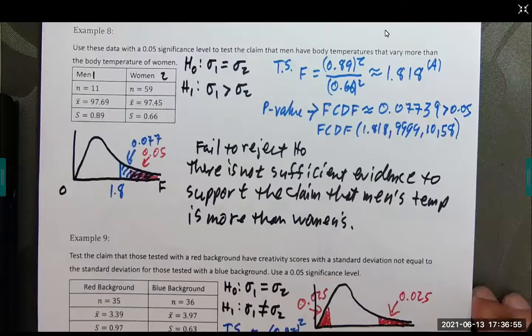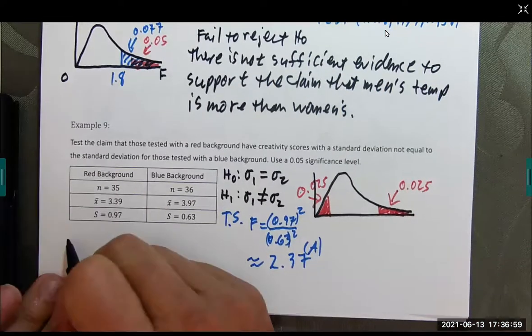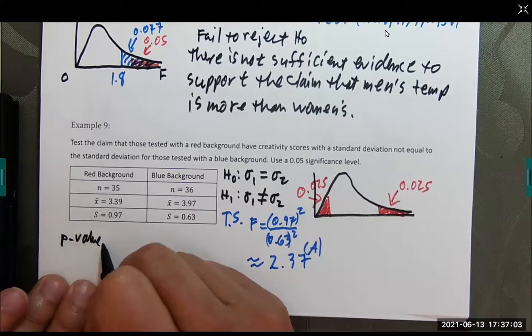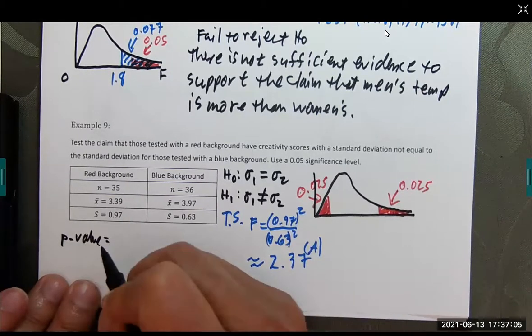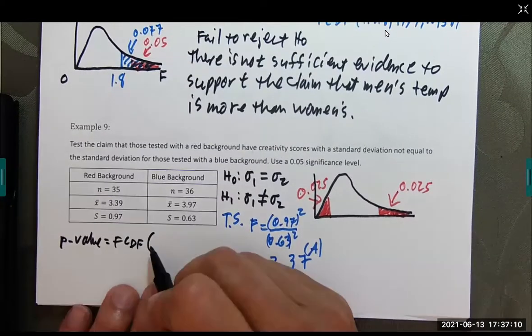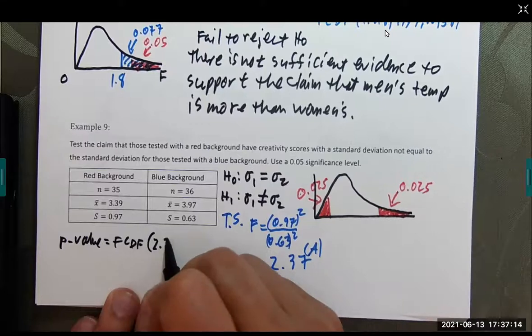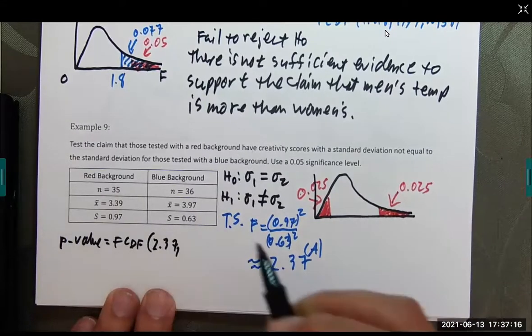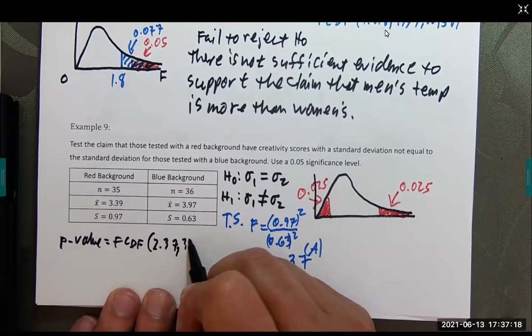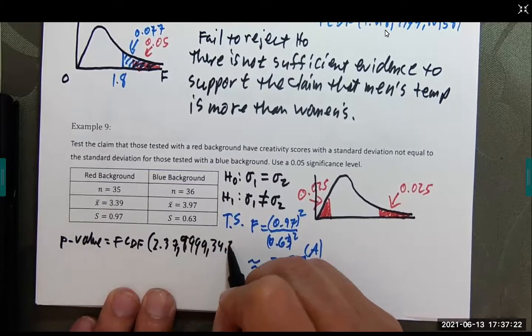So we got p-value is F of 2.37, degrees of freedom 34, 99999, 34, 35.